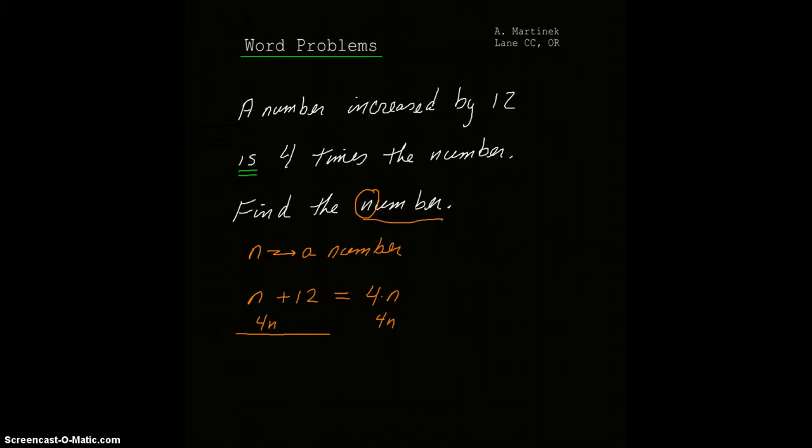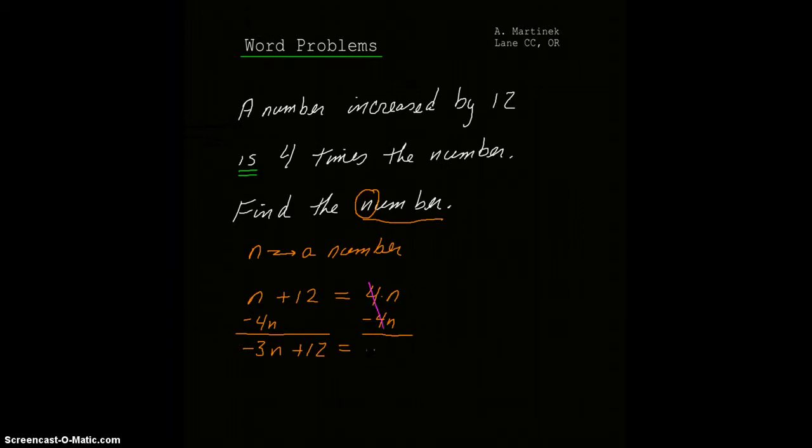Good catch. Alright, so subtract 4n, because I looked over on the right and I went, wait, if I add 4n and 4n, I'll get 8n, and I don't want any of them. So here I'm left with minus 3n plus 12 equals what? Well, if I have 4n and I subtract 4n, I'm left with nothing. So this goes to 0.